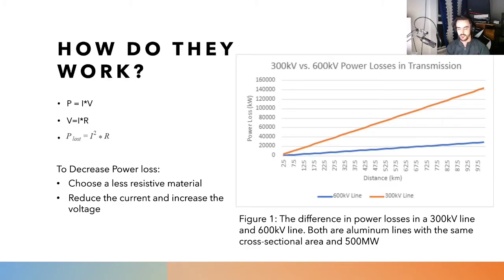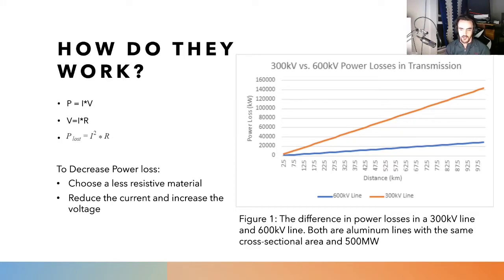From this formula, to decrease power loss, we should choose conductors made of a less resistive material, and we should reduce the current, ergo increasing the voltage, and this will decrease our R and our I values respectively.